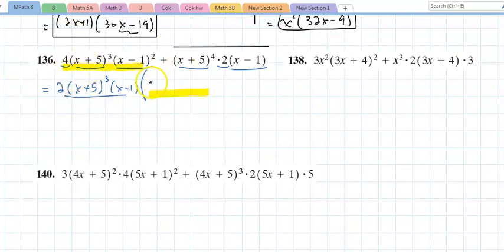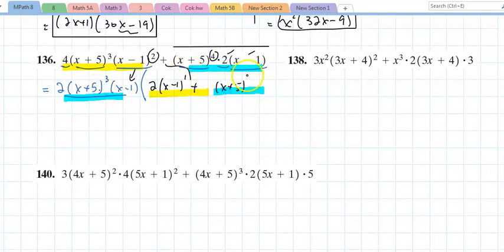The 4 divides into 2 times. The (x plus 5) to the third power cancel out. When you divide those, you'll have 1 left. Plus, when you take this second term and divide it by this, what would be left? Well, the 2's cancel out. The (x minus 1) cancel out. (x plus 5) to the fourth divided by (x plus 5) to the third, you'll have x plus 5.